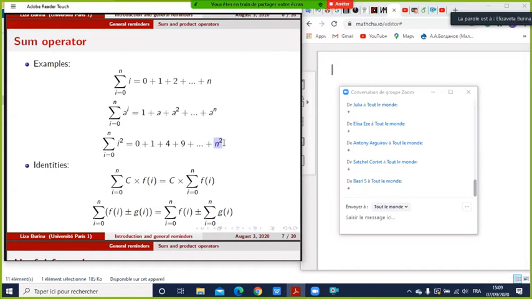Okay, so now I'm going to ask you to write me in the conversation part how many terms we have in this sum. Well, in any of them, because they're all the same. We have from 0 to n. So how many terms? Cool.